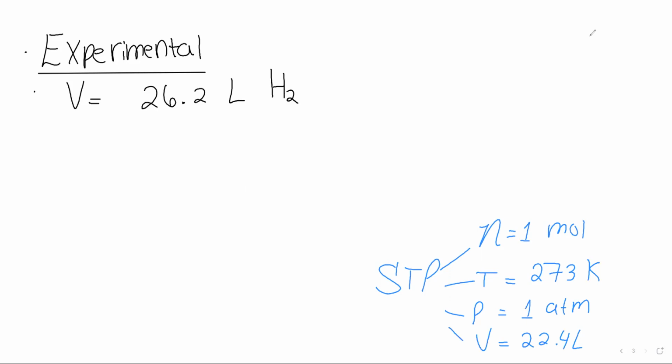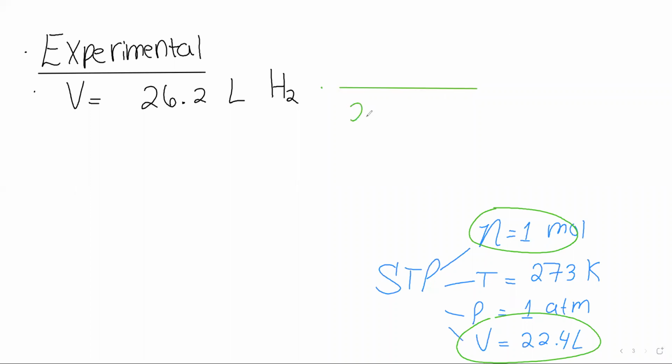Finally, a thing students must recognize is that you can actually combine any two STP values in combination to produce a conversion factor. So I could say 1 mole of any gas to this volume. So again, the next step is to use a ratio of STP values as a conversion factor.